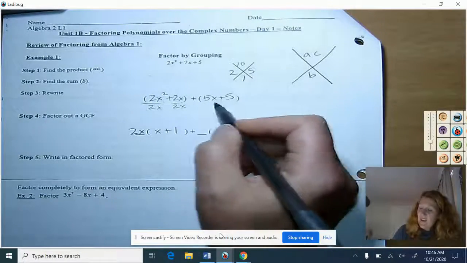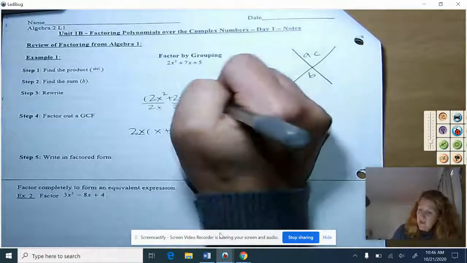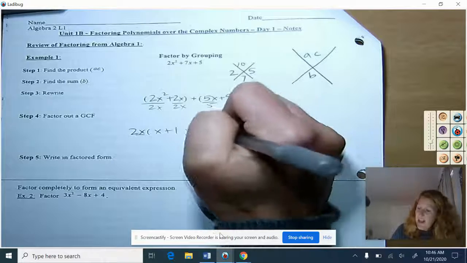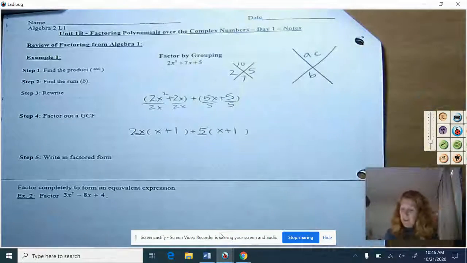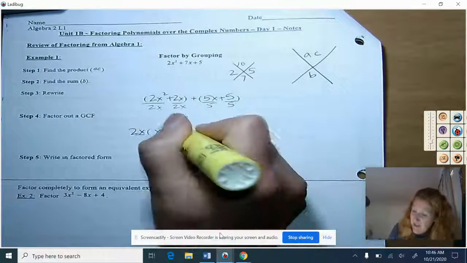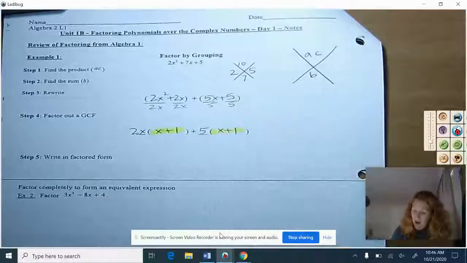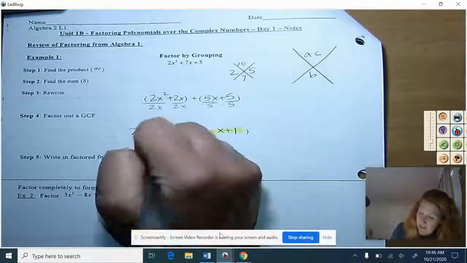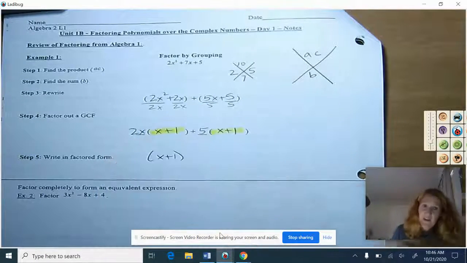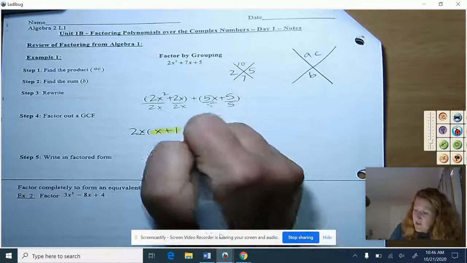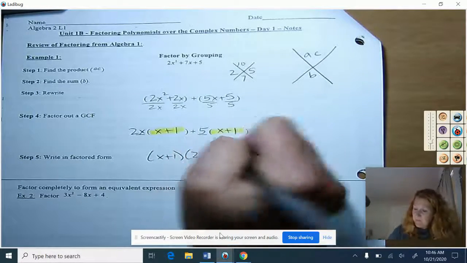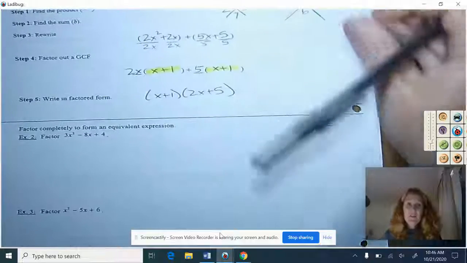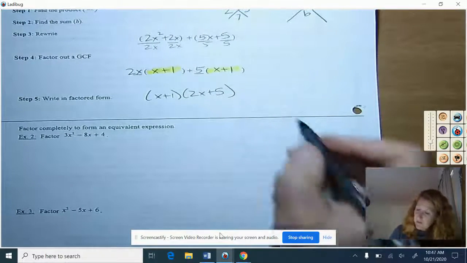And then here, your greatest common factor is 5. When you divide, you get x plus 1. They have to be the same. Remember, they have to be the same. If they are not the same, then you did something wrong. So this is going to be in factored form, your greatest common factor of x plus 1, and then 2x plus 5. All right, pause the video and try example 2.